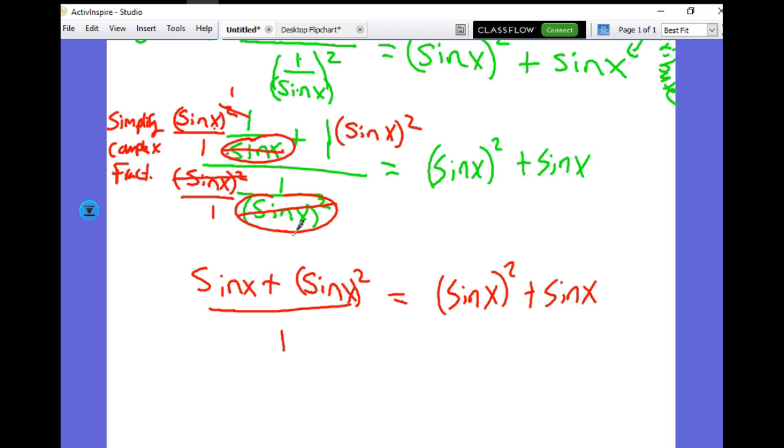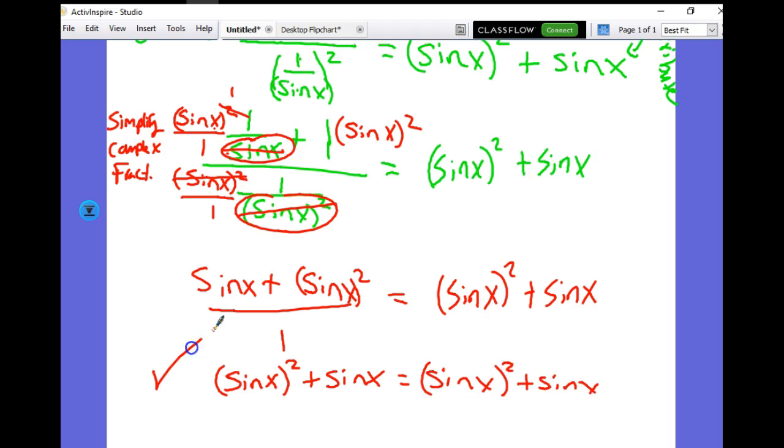All right, so now I would take this as your final answer. This is actually good enough. But just to make it look really nice, we don't need the one on the bottom, right? And we can also reverse these because with addition, the order doesn't matter. Can't do that with subtraction, but with addition, you can. You can reverse these. So now they look exactly the same.